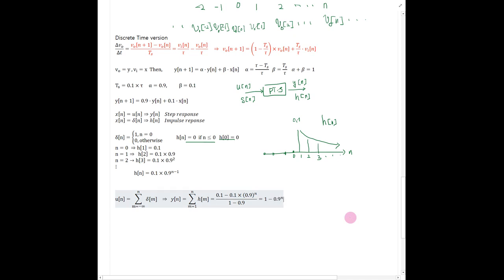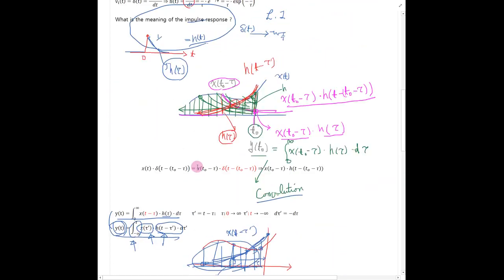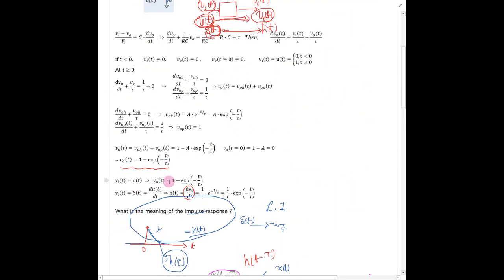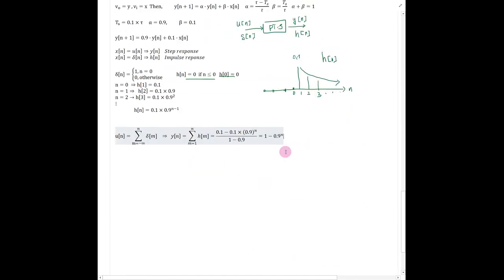This is the unit step response, to be compared with the unit step response of the continuous version. I would like to rewrite that over here. In the case of the unit step response in a continuous system, it looks like this, with minus t over tau.